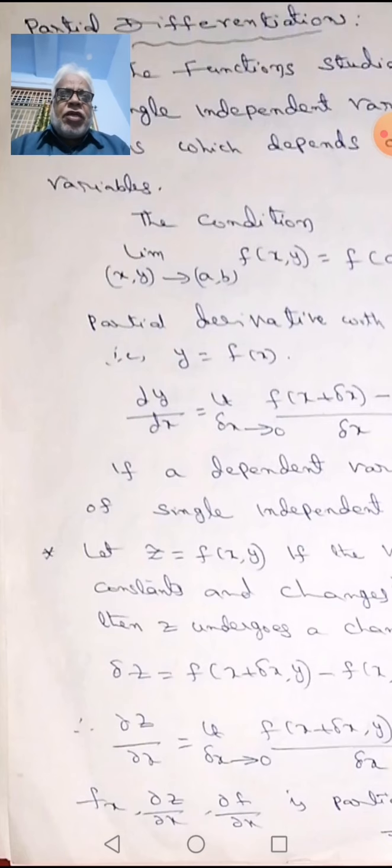But in partial derivatives, suppose an xy term is there, with respect to x you treat y as a constant, so the derivative of x is 1, and with y as a constant, 1 into y, that is y only. Like that, many problems are there in partial differentiation. We use the formula and find the derivatives.